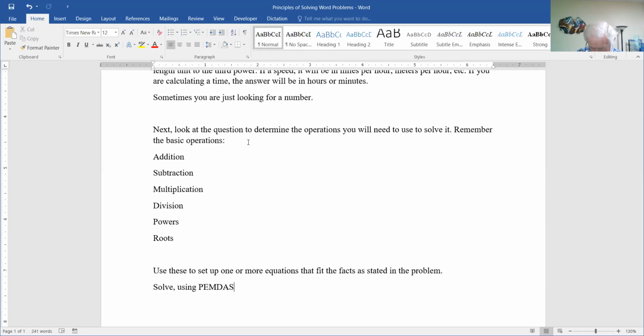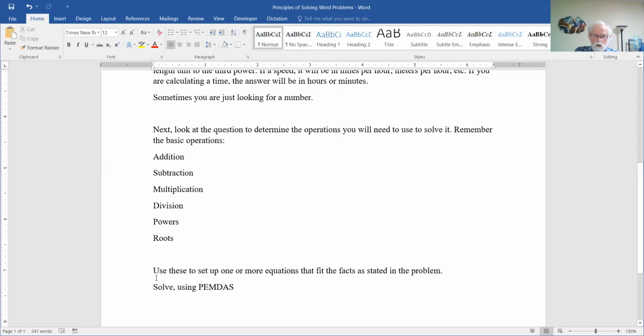Why one or more? Well, I'll give you an example in a moment. But you want to set up one or more equations that fit the facts in the problem, and then solve it. And don't forget to use PEMDAS.